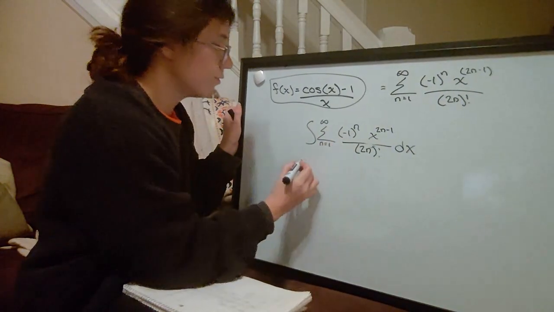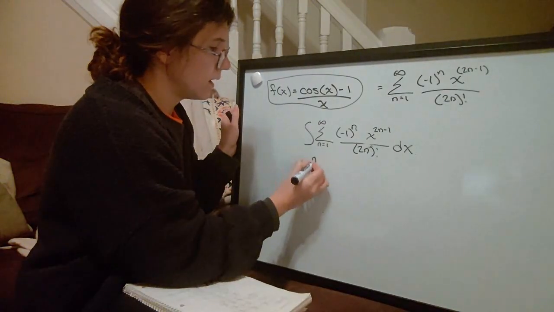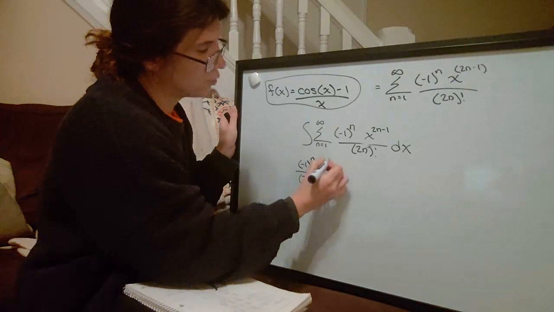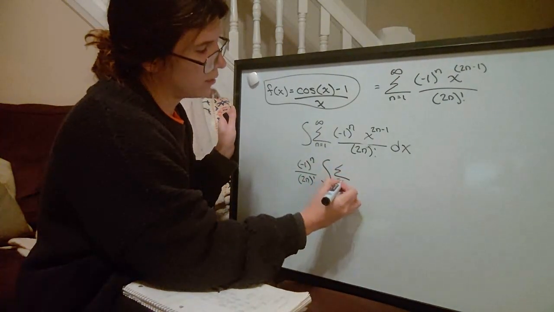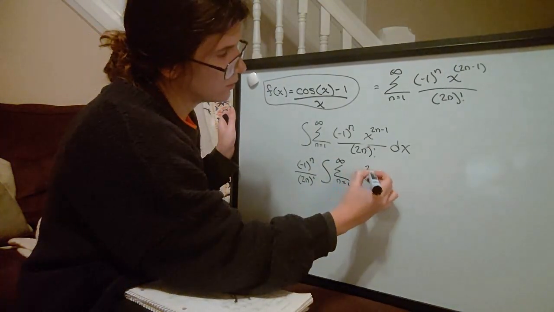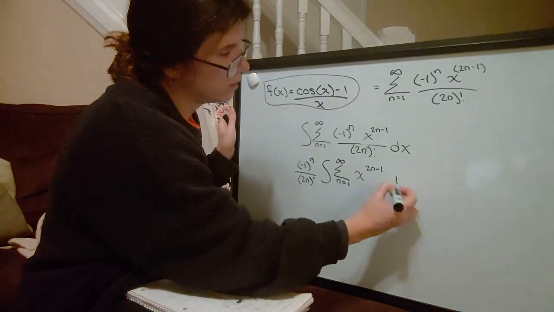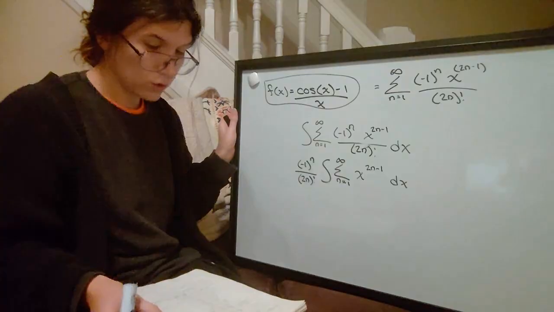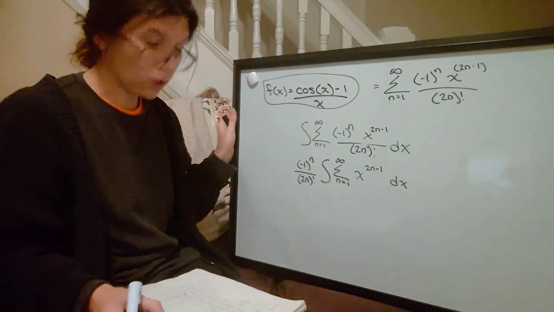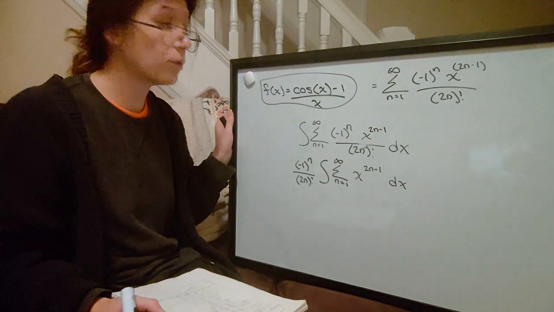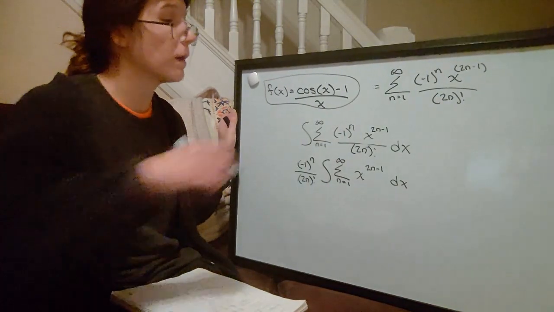So I can remove my negative 1 to the n and my 2n factorial, and push that on the outside of my integral. Then I just have the integral of x to the 2n minus 1. All I'm going to do is add 1 and then divide by whatever my new exponent is, because this is our very simple power rule.